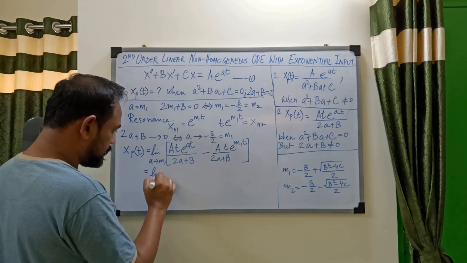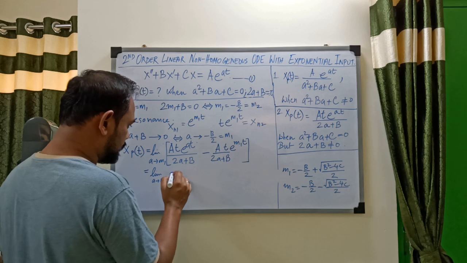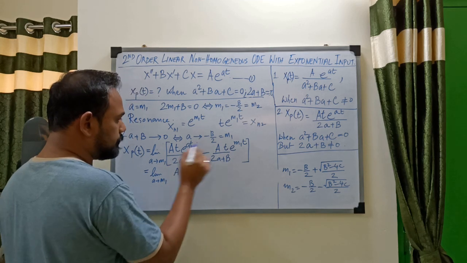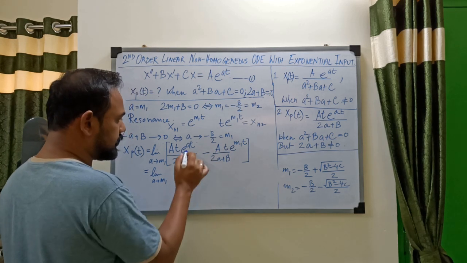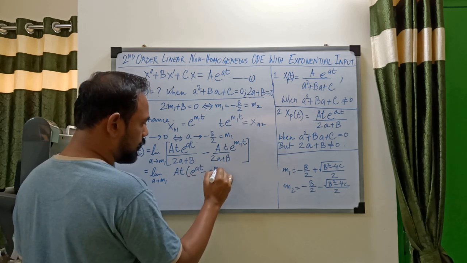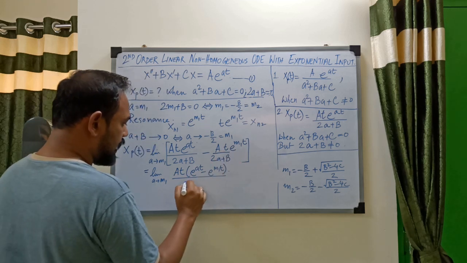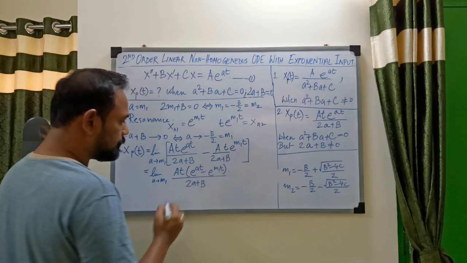So we have the limit a going to m1. Well, let's group things here. From the numerator, we have capital A t common. So again, we have e to the power a t minus e to the power m1 t remaining inside the brackets, and we have 2a plus b here.